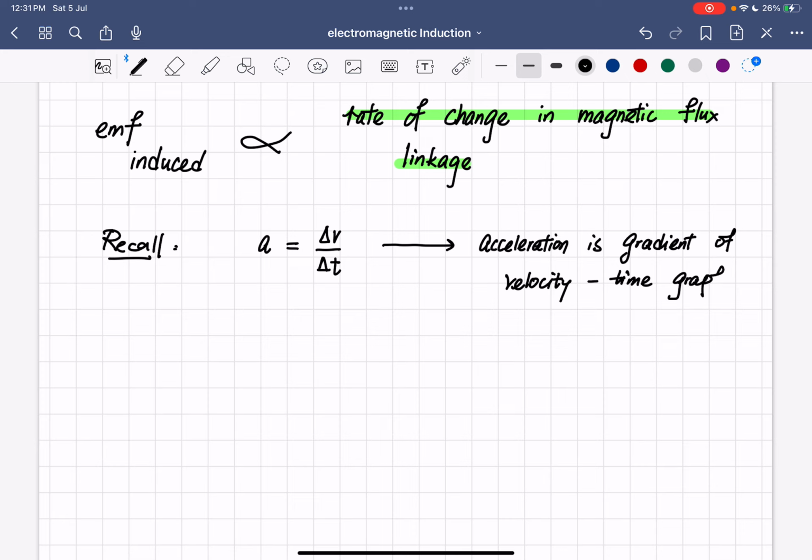And we also understand it as, do you still remember, the area of the acceleration time graph is the change in velocity.